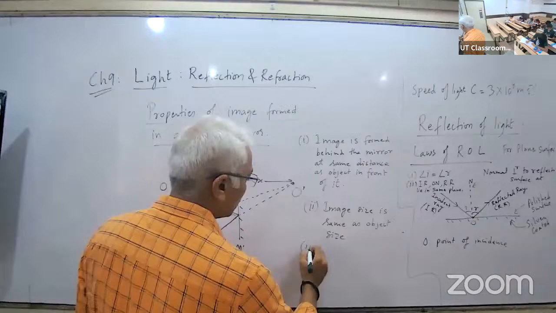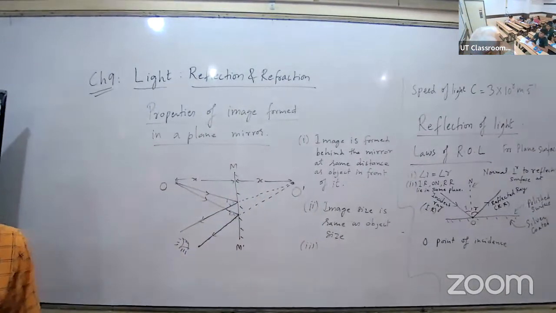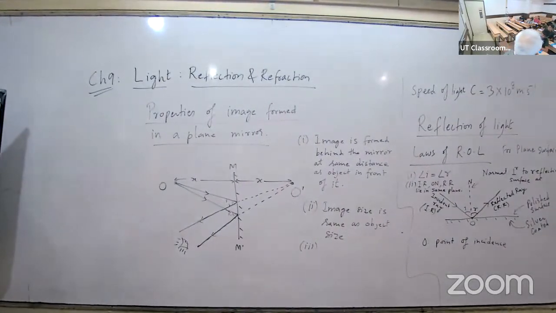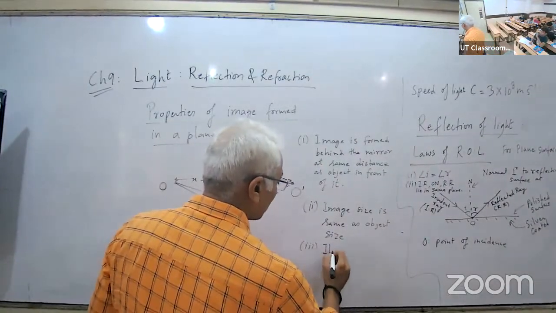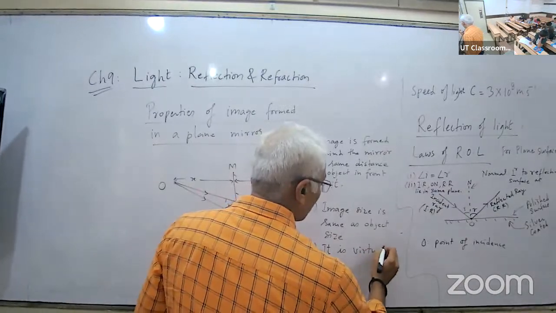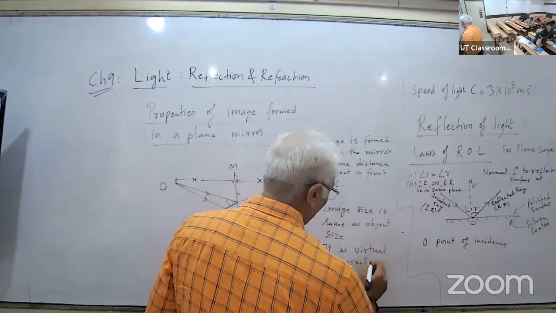Third, what is third property? It will be virtual. Yes, very good. It is virtual and direct. What does it mean?